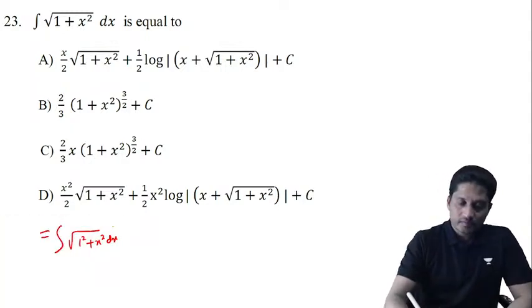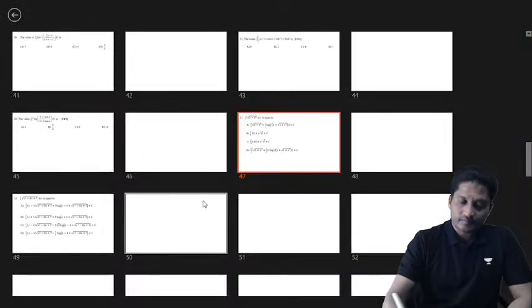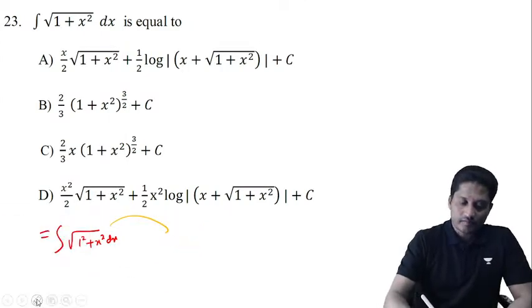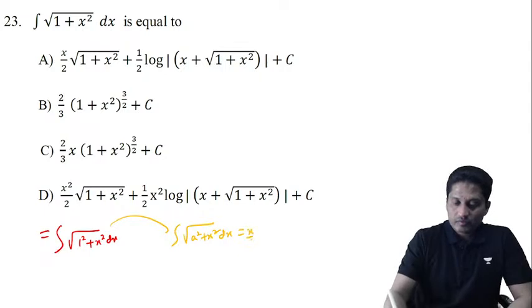This is of the form integration of root of a square plus x square dx. The formula will be equal to x by 2 into root of a square plus x square plus a square by 2 log of x plus root of a square plus x square.